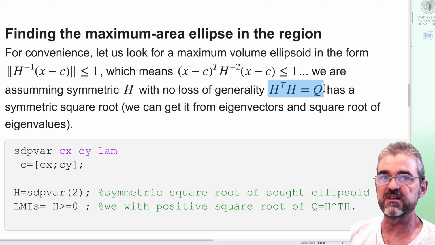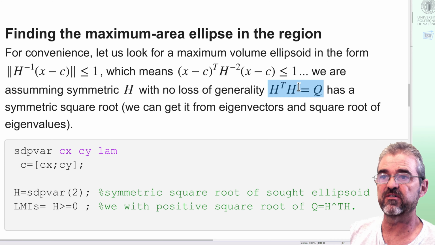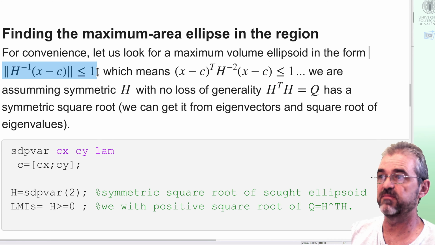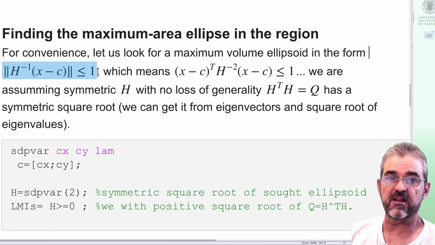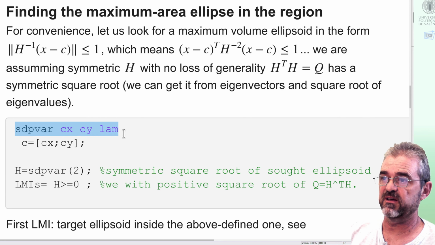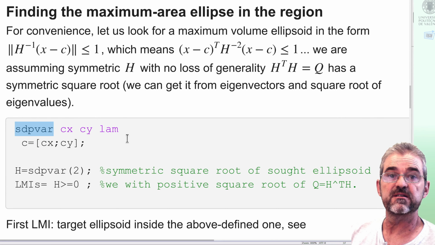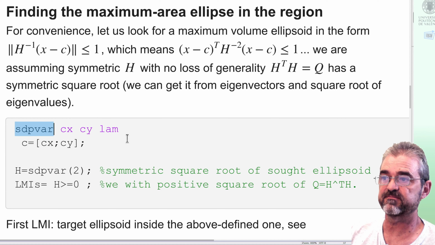So, if you believe that we are not losing generality, then let us pose the conditions for this ellipsoid being inside the strange shape we defined a couple of minutes ago. We will define the center of the ellipse, Cx, Cy, as semidefinite programming decision variables, sdpvar.